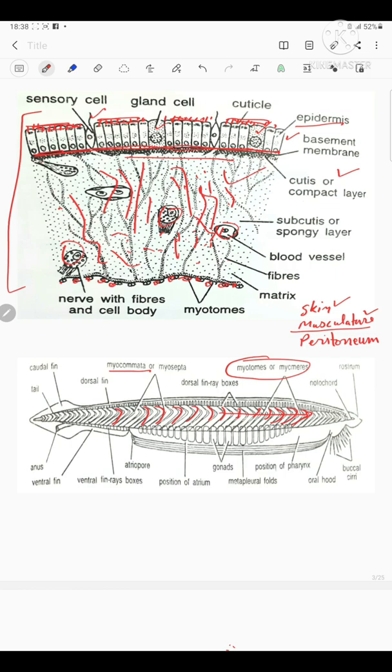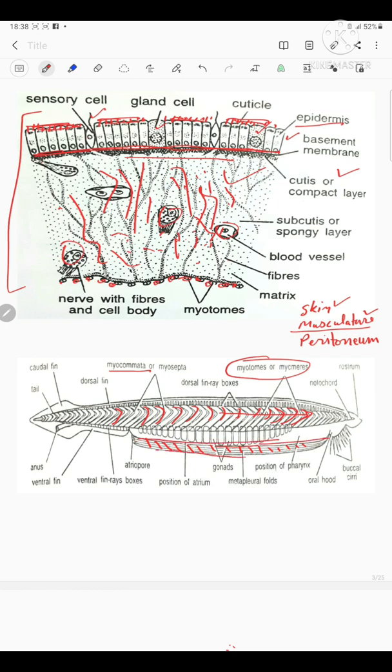There is another type of muscle fiber also present. These are transverse muscle fibers, which are present just below the surface of the pharynx region, connecting the two metapleural folds.